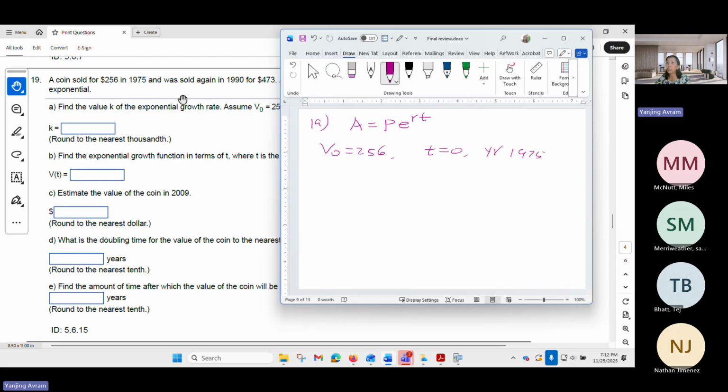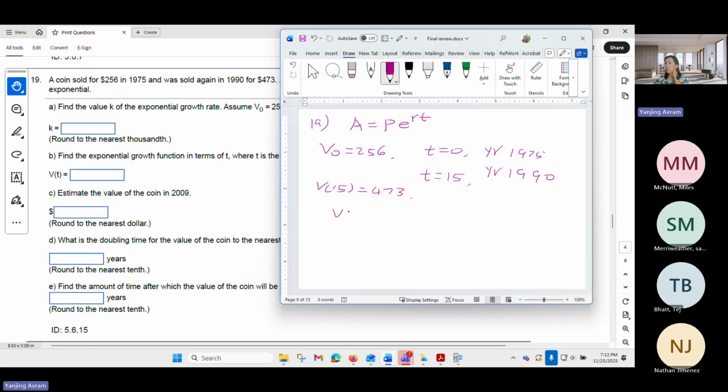This we call a base year. Okay. And year 1990, how much is T? You're using 90 minus 75, so T will be 15. Okay, so B of 15 is what? It is 473. Okay, so we can plug that in here.